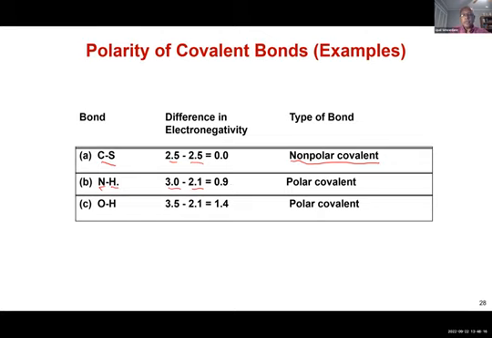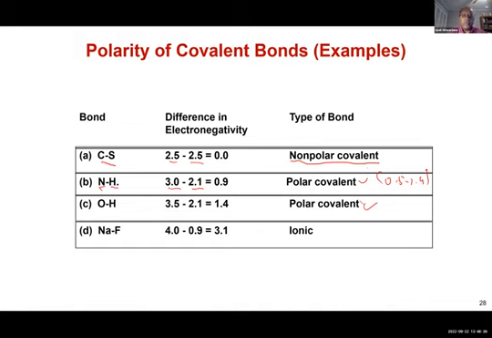So it's 0.9. 0.9 is between 0.5 and 1.9, within this range. Therefore, polar covalent bond. So is this one, a polar covalent bond. That's how you predict the polarity of bond.